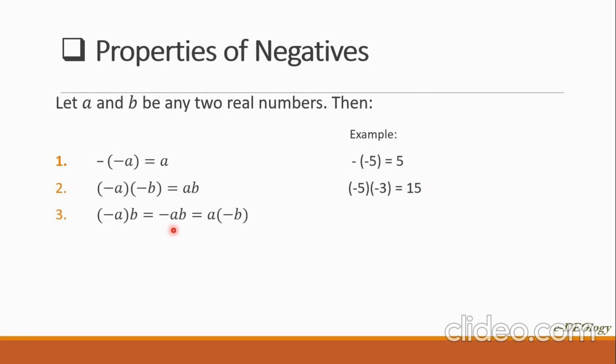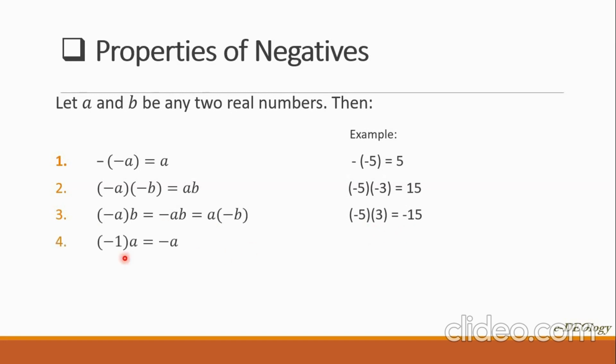We multiply the numbers as they are, and we affix the negative sign. One example here is negative 5 multiplied by positive 3. The answer is negative 15.